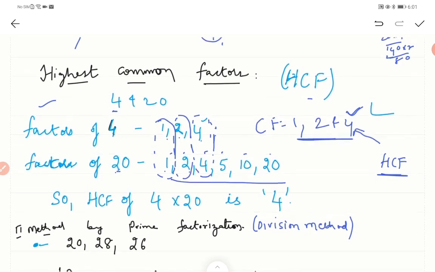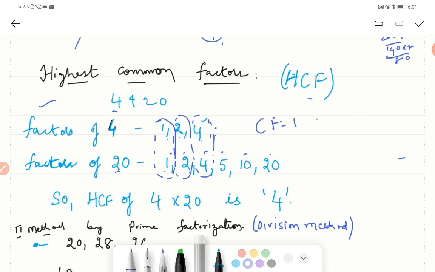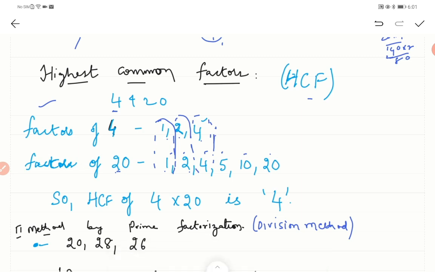Okay, now 3 numbers are given. Out of these 3 numbers, 20, 28 and 29, you need to find what is your HCF. So what I'll do, I will first divide 20.